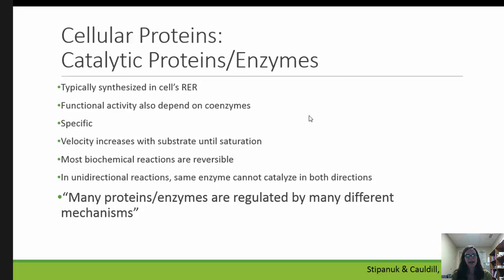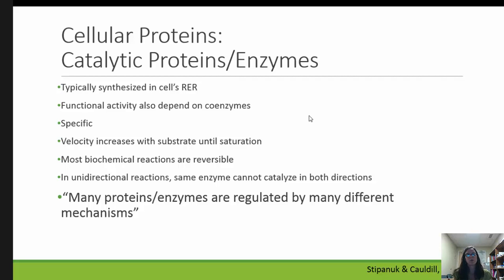So if we have, let's say, all of the insulin in the world, but our receptors aren't working, well, then the velocity of how that enzyme works is going to be impacted. So the concentration of these enzymes and the concentration of the substrate really impact how these biological processes go.